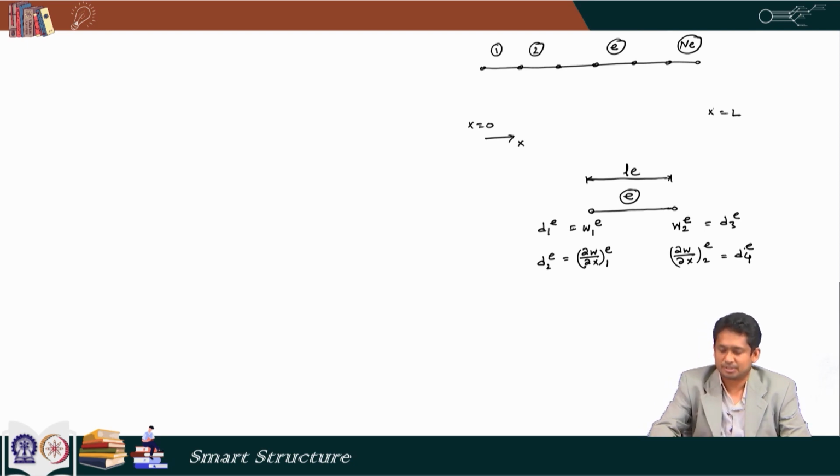So, we have 2 degrees of freedom per node, and those are the value of the solution W and its slope, and so there are a total of 4 degrees of freedom. Also let us define a local coordinate system, small x, running from this node to this node. So, each element has its local coordinate denoted as small x.